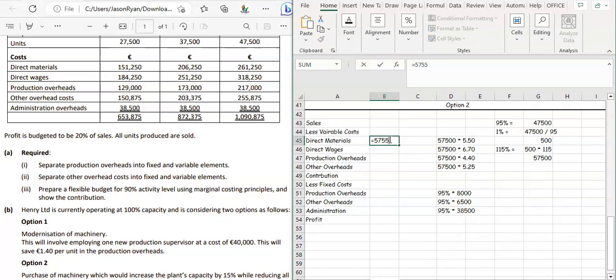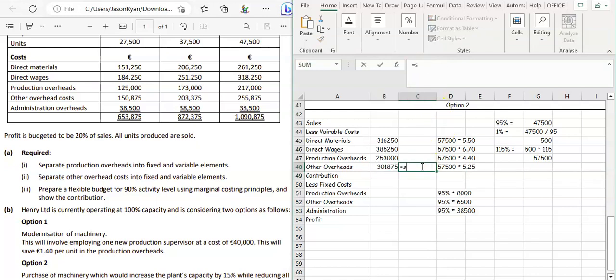So let's find out the figures for these. 57,500, multiply that by €5.50. 57,500, multiply that by €6.70. 57,500, multiply by €4.40. 57,500 and multiply that by €5.25.